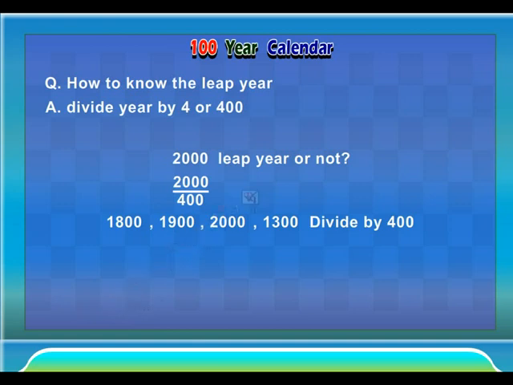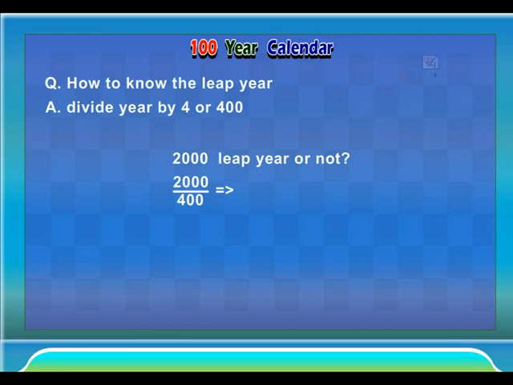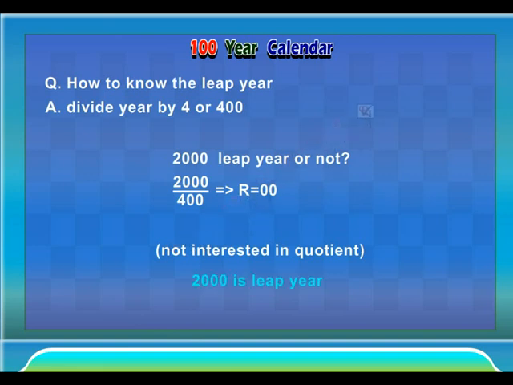Okay. So, 2000 divided by 400 gives you again 0, 0 as remainder. As we are not interested in the quotient, we are not considering the quotient here. We can say that the year 2000 is a leap year.